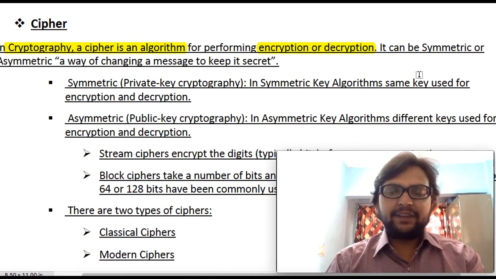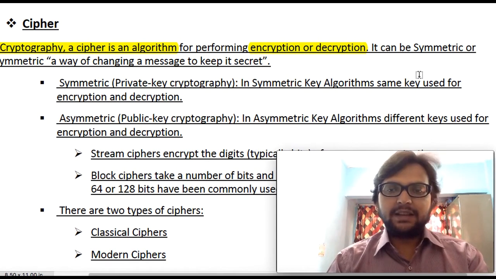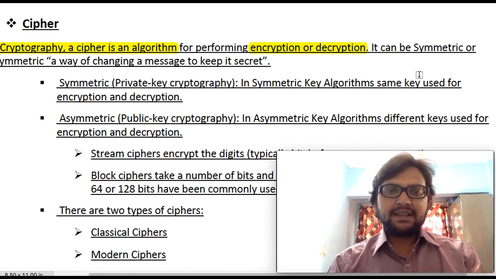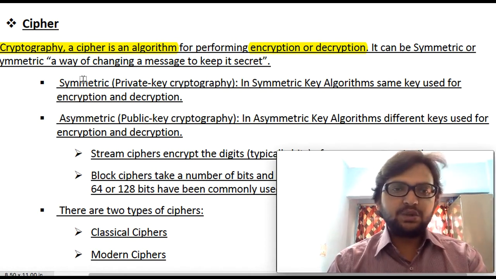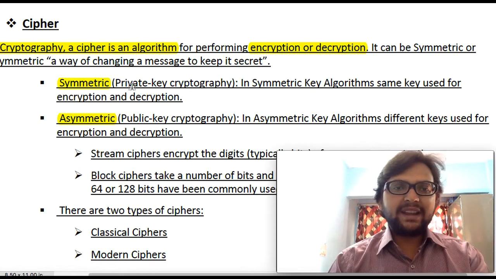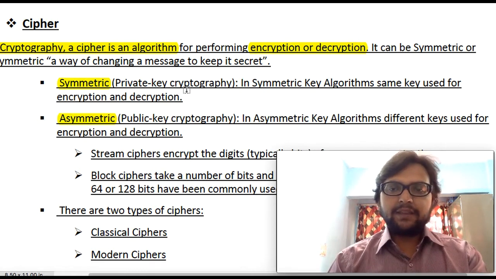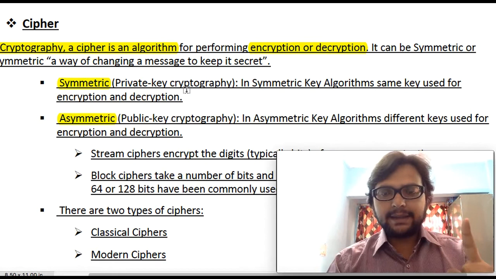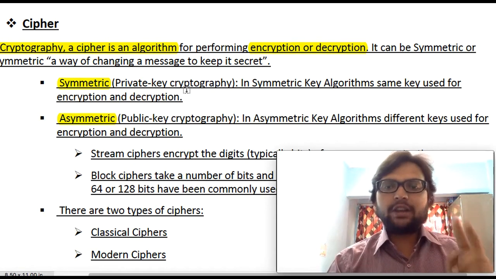Now, it might get difficult for you when you are reading this for the first time, but believe me, when we discuss future algorithms, you will get a much better idea about these two techniques, what we mean by symmetric and what we mean by asymmetric. Remember, when we talk about symmetric key cryptography, here we use one single key for locking and unlocking our message.